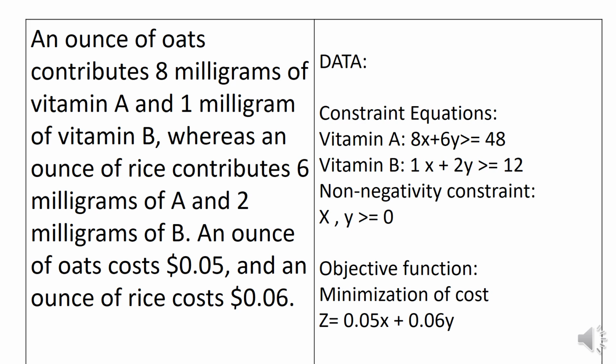So cost into the quantity of oats, cost into the quantity of rice, you add up, and this is the objective function. Now you have a choice to solve this linear programming model through the graphical method. Thank you.